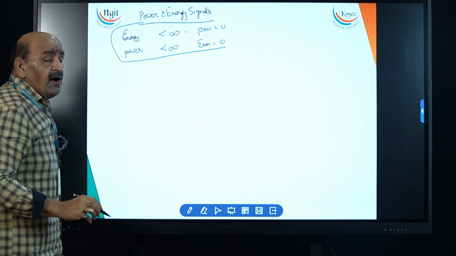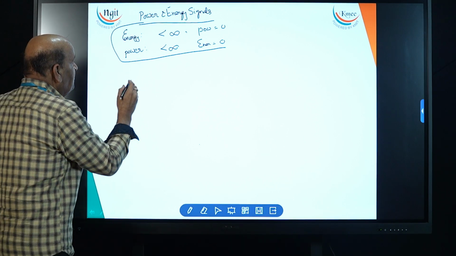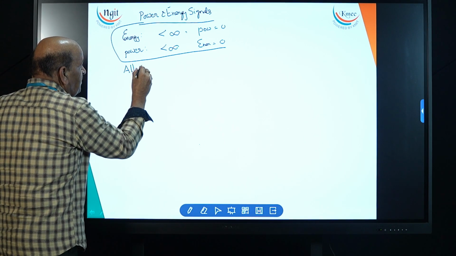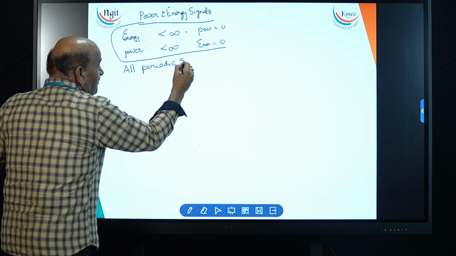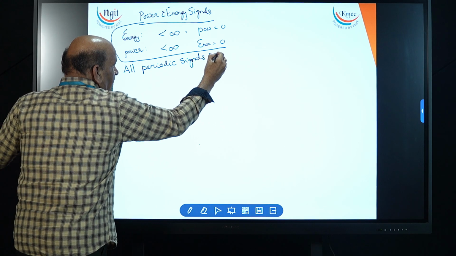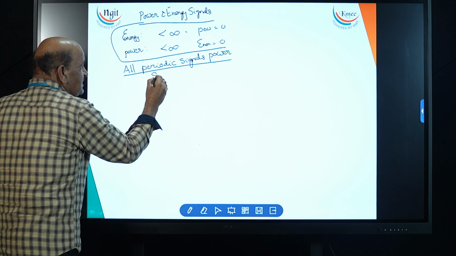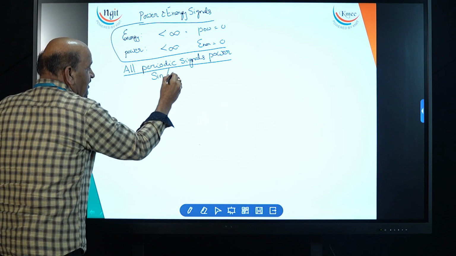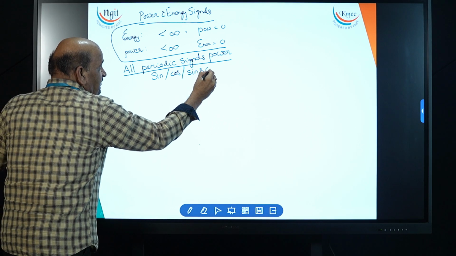One more point, all periodic signals are power signals. This is one important point. What are periodic signals? Signals that contain sine or cosine or both terms.